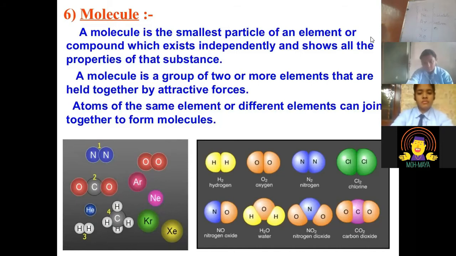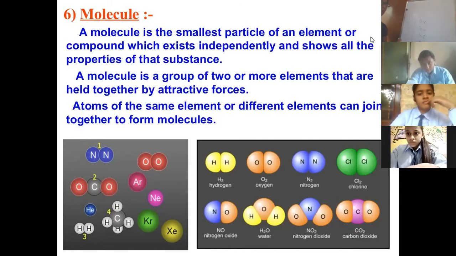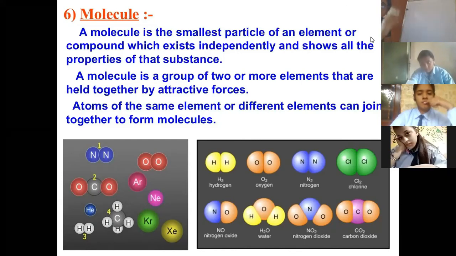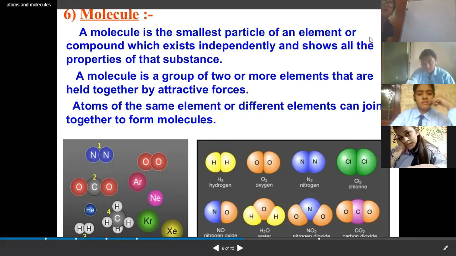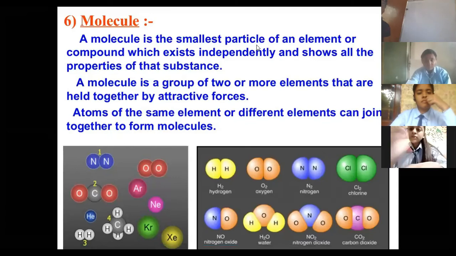Once they lose, gain or share, they will combine with some other element, or they can combine with an atom of their own. In the same manner, they form a molecule. Now what is a molecule? A molecule is the smallest particle of an element or a compound which exists independently.